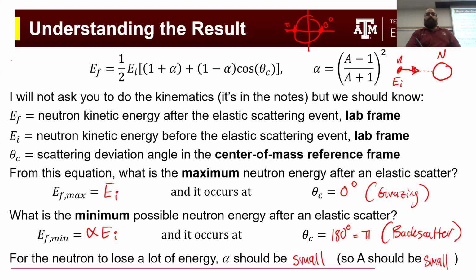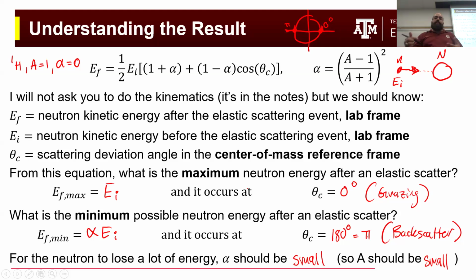Like if you think about hydrogen, that means that A for hydrogen is 1. And if I plug in A equals 1 here, then I have 1 minus 1, which is 0 over 2, and it's squared, but it's 0 up top. So that means alpha equals 0. So technically, a neutron could scatter off of hydrogen and lose all of its energy.